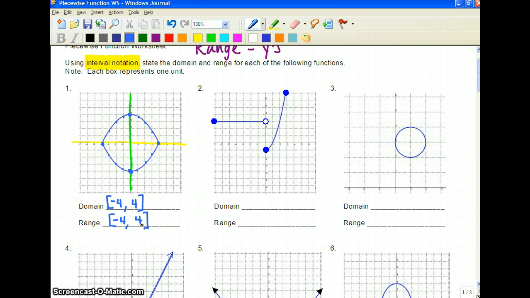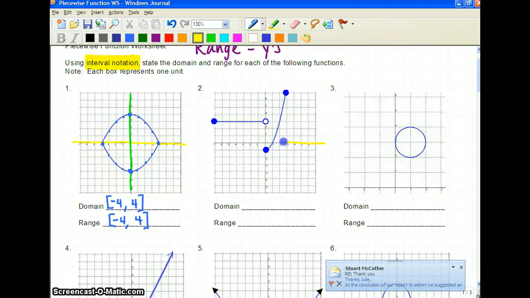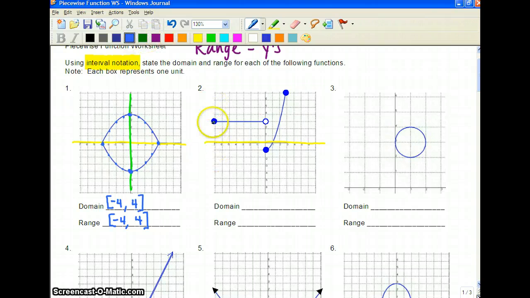Okay? Now I'm going to do number 2, and then I'm going to let you look at the rest of them. All right. So I always do the domain first. So looking at your x-axis, moving that pencil up and down, where's the first dot that you hit? Well, that's this one right here. So that's 1, 2, 3, 4, 5, 6, 7.